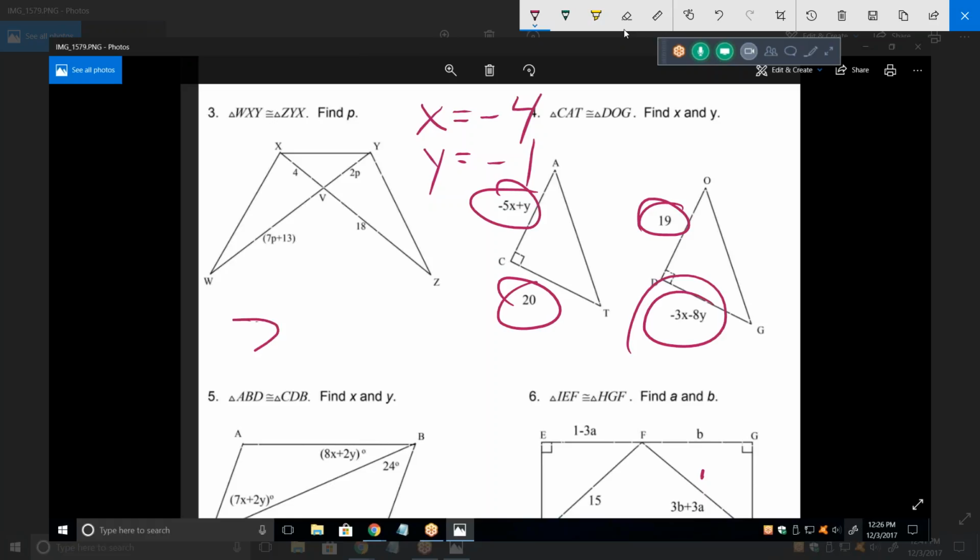So is this true? And if it is, then we probably have the right two answers. See what I'm saying? Don't really want to use these two because we got our answers by using those two. So let's make sure that the bottom two works. So is that true? How am I going to figure it out?